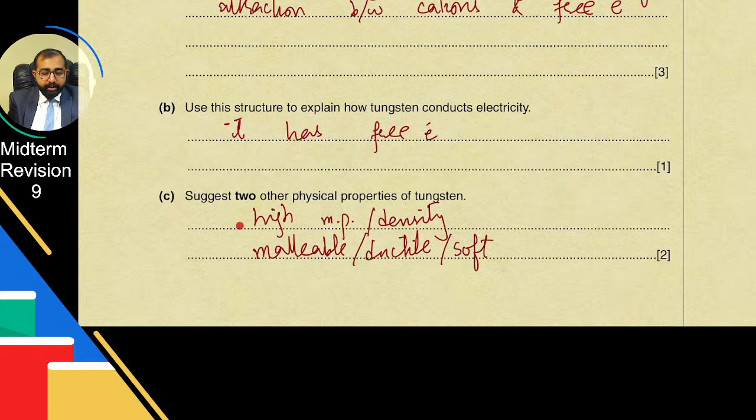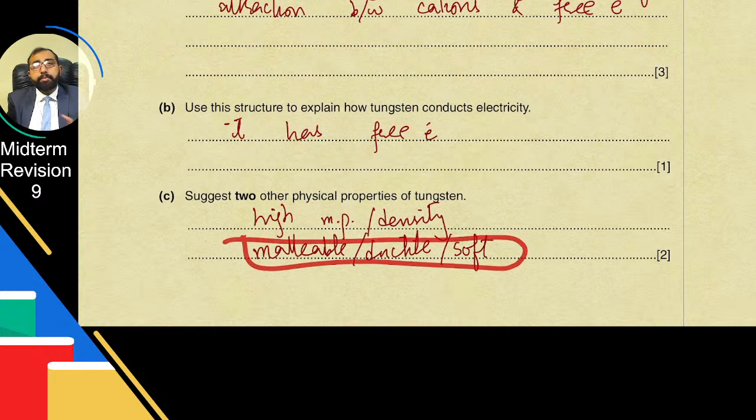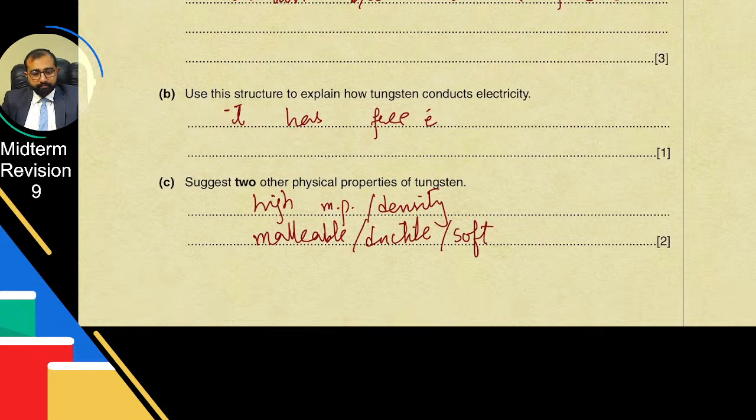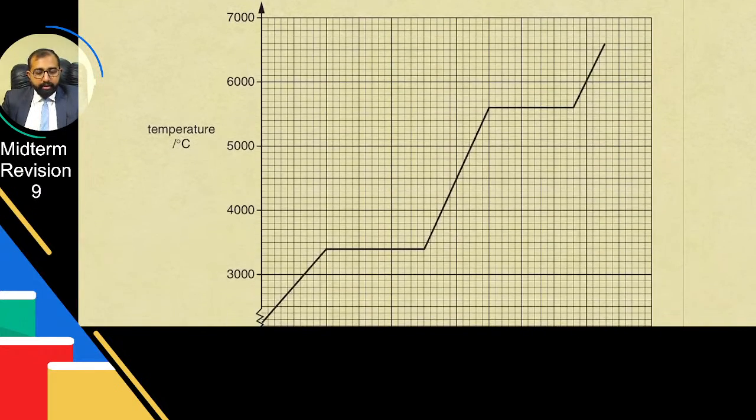The reason for high melting point and high density is that it has strong force of attraction, so you have to write one of these two. The reason behind malleable, ductile and soft is that it has layers, so from these three as well you have to write only one. There's no benefit in writing all three because they will still count as one. Okay, moving on. In a light bulb, the tungsten wire may get so hot that it melts and breaks.